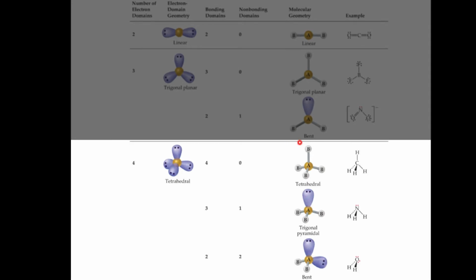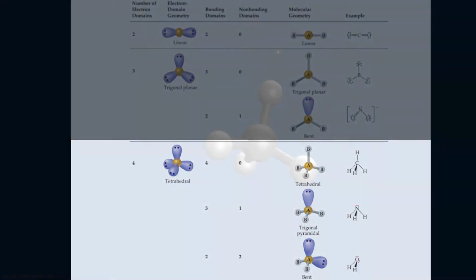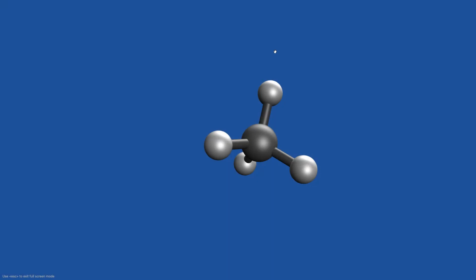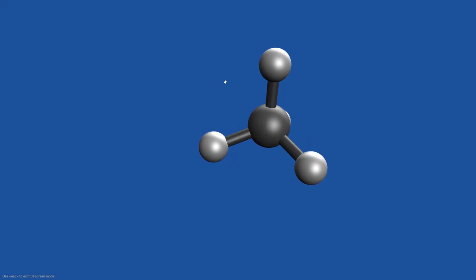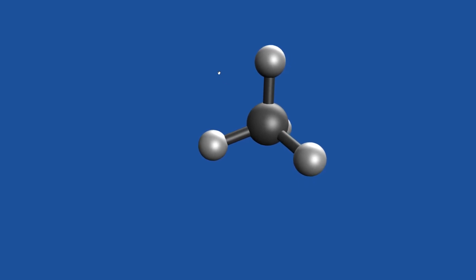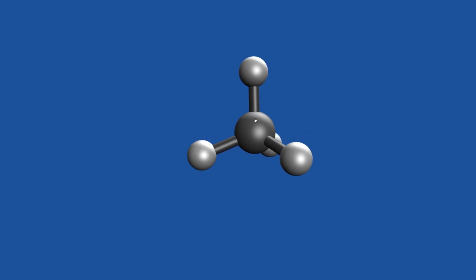much more stable configuration, which is that of this tetrahedral shape. If we've got a scenario where all 4 domains are bonding domains, then we would say that the molecular geometry is also tetrahedral. And here's an example of methane we can see here as a 3-dimensional model. So this structure can be interpreted probably in a couple of different ways. One way is as a tripod, I suppose. So these 3 hydrogens on the bottom behaving like a tripod with one sticking straight up.